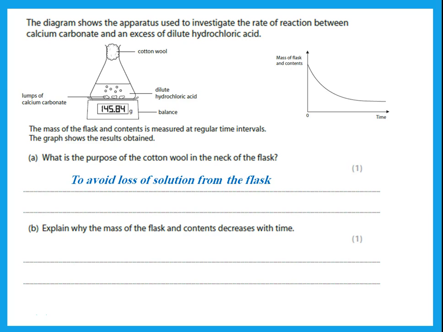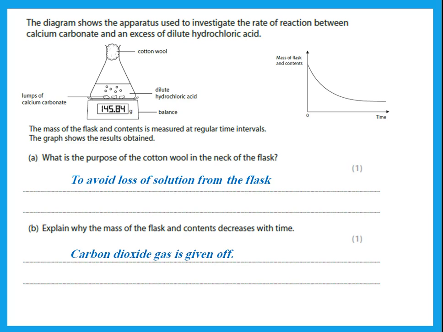Explain why the mass of the flask and contents decreases. Of course, if you have carbonate with acid, why does it decrease? Because carbonate with acid will give carbon dioxide gas, and this carbon dioxide gas escapes. So you have to mention that it gives a certain gas and that gas escapes, because if nothing escapes from the reaction mixture, it will remain constant mass.